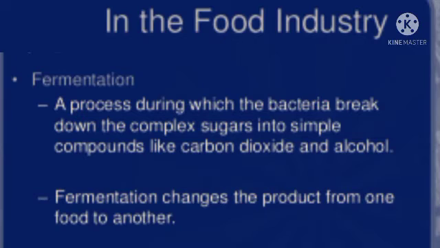Some bacteria are used in the food industry. Fermentation is a process during which bacteria break down complex sugar into simple compounds like carbon dioxide and alcohol. Fermentation changes one food product into another.